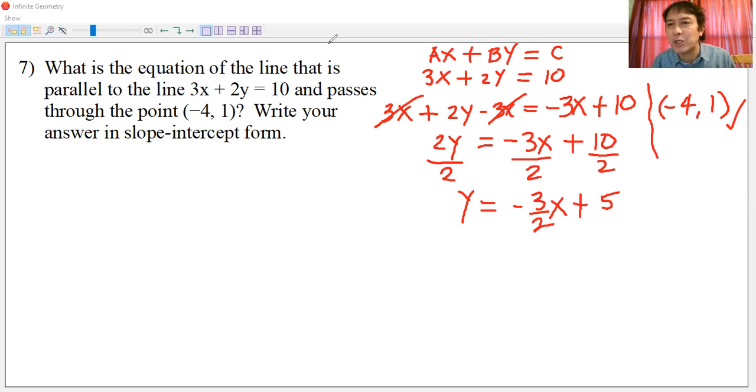And you can readily see the format. This is now in slope-intercept form, okay, of the given line. This is just to get the slope. You can very well see the slope. It's the negative 3 halves there, because this is now in this form.